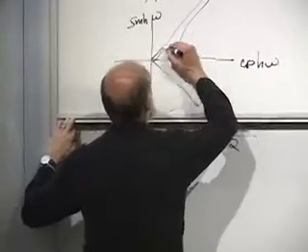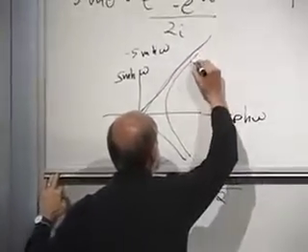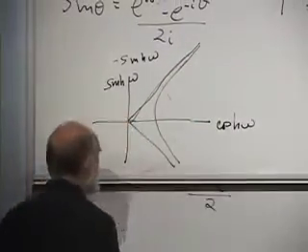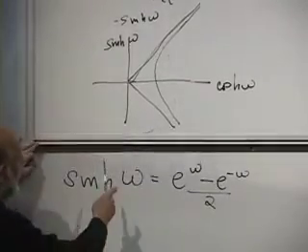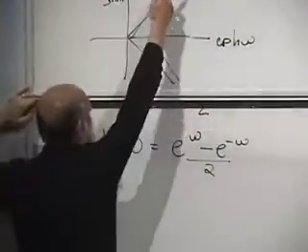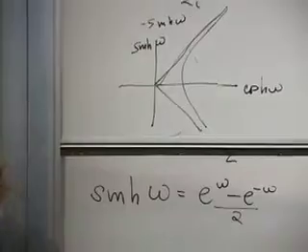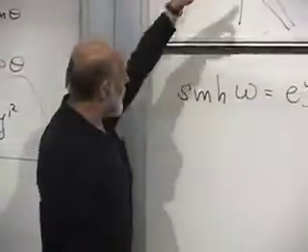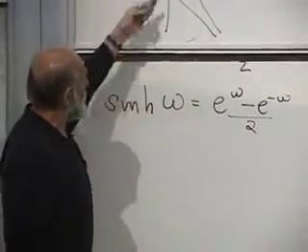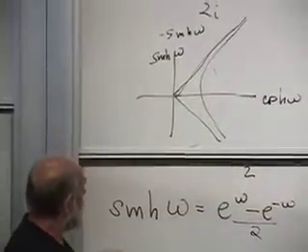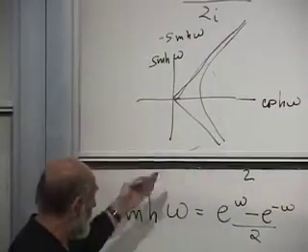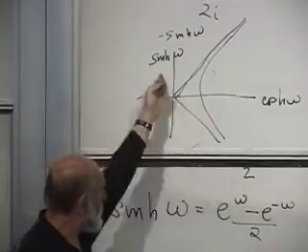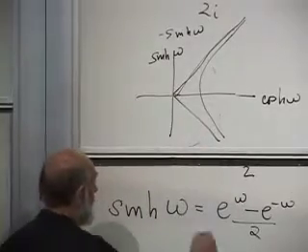And that's this line here. Cosh equals sinh along this line here. So when omega gets very large, the curve asymptotes to a line which is at 45 degrees. It's not hard to see that in the other direction, when omega is very negative, it asymptotes to the other asymptotic line here.